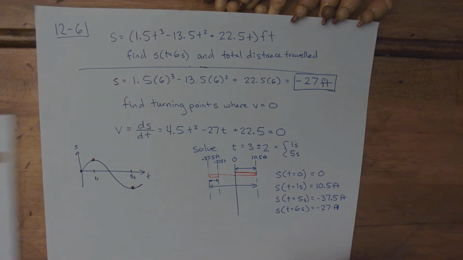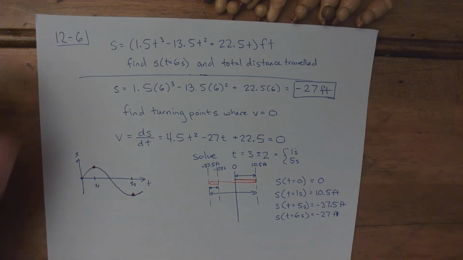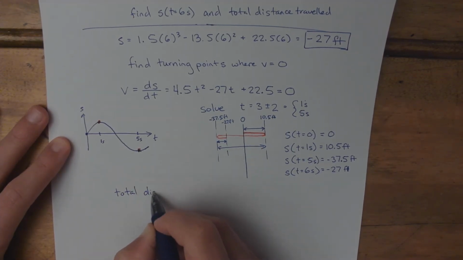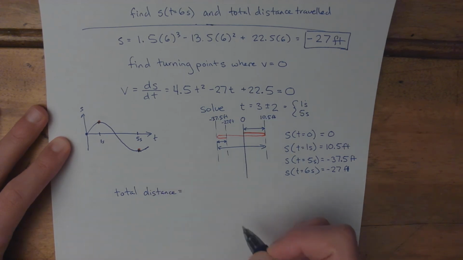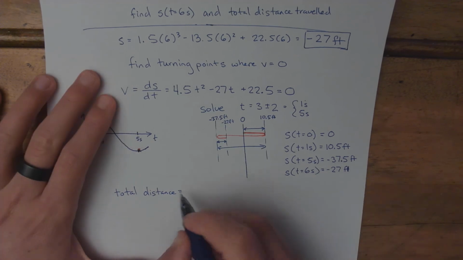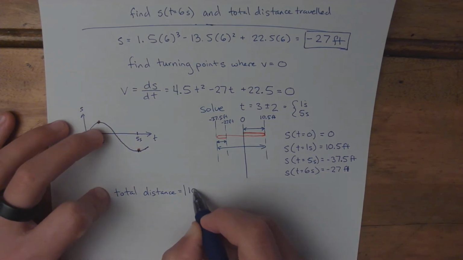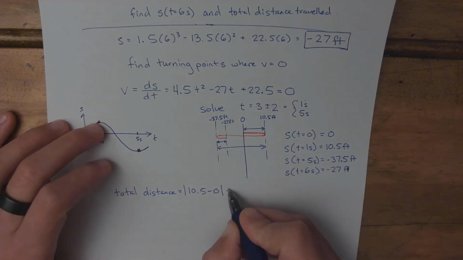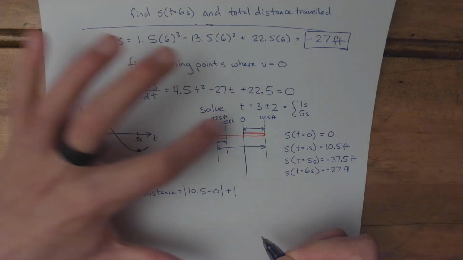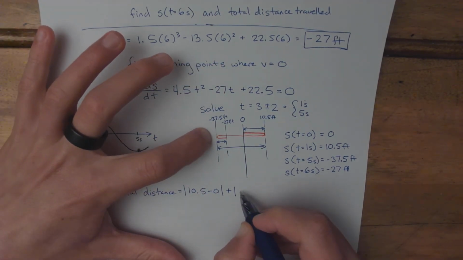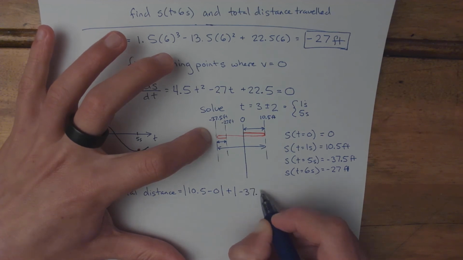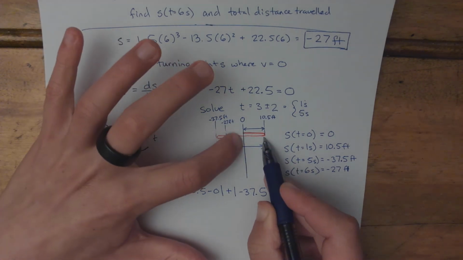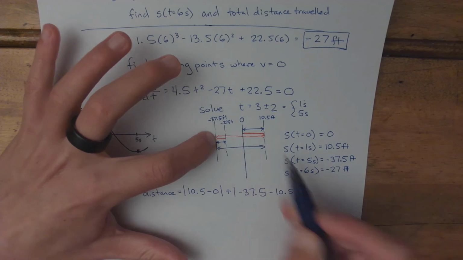Okay, there's probably an easier way to do it, but in general, you can find the total distance by looking at the first segment, and since it's the distance, we would do the absolute value of 10.5 minus 0, so first turning point minus initial position, plus then going from the first turning point to the second turning point, that'd be negative 37.5 minus 10.5, or again, if you just look at the picture, you can see you need to add 10.5 and 37.5 to get this distance here.